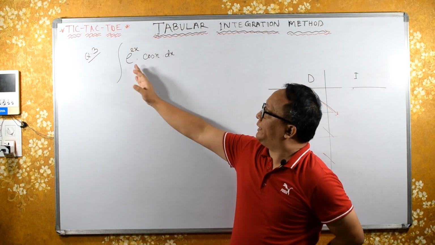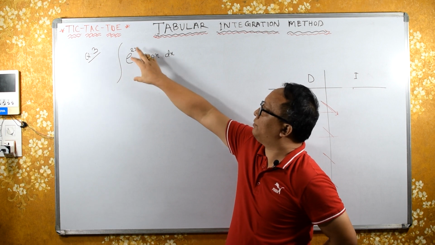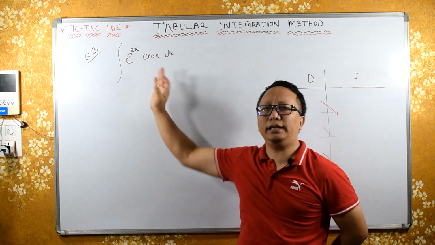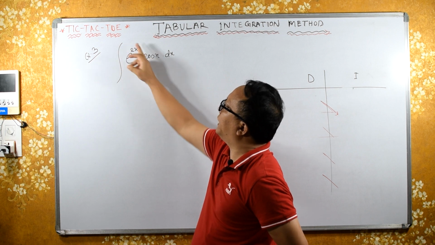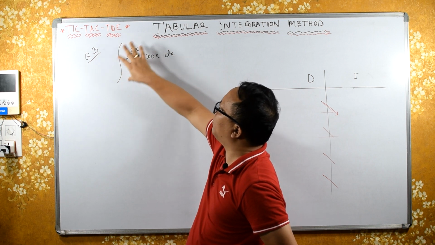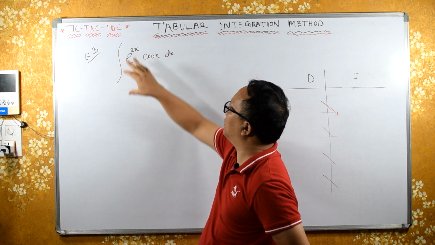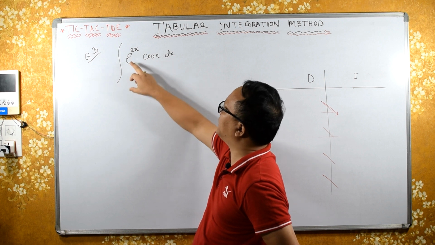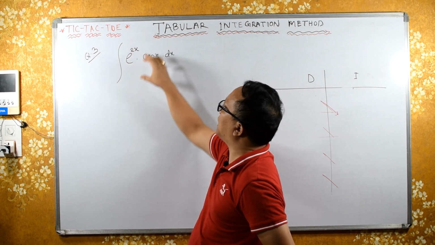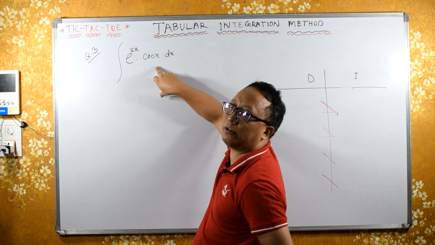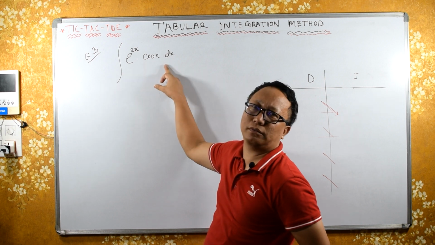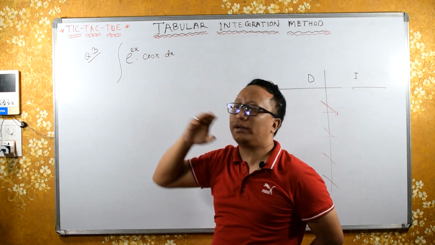In this integral we have the integral of e raised to 2x into cos x. This is very common. Maybe e raised to 3x, you can solve the same sum in the same way as e raised to 3x, cos of 2x, cos of 3x, e raised to any power, sine of x, maybe cos of 2x, all are the same.